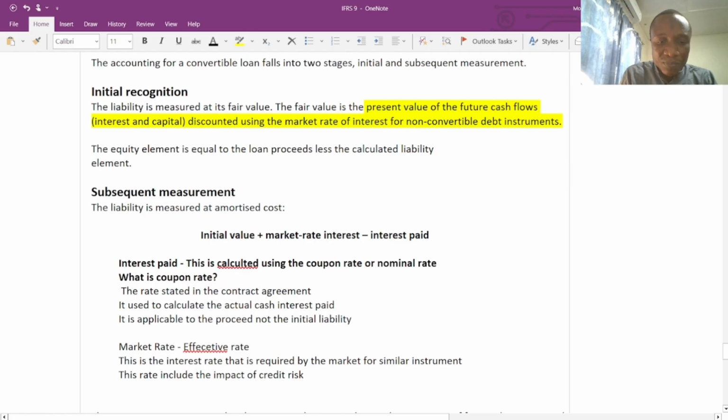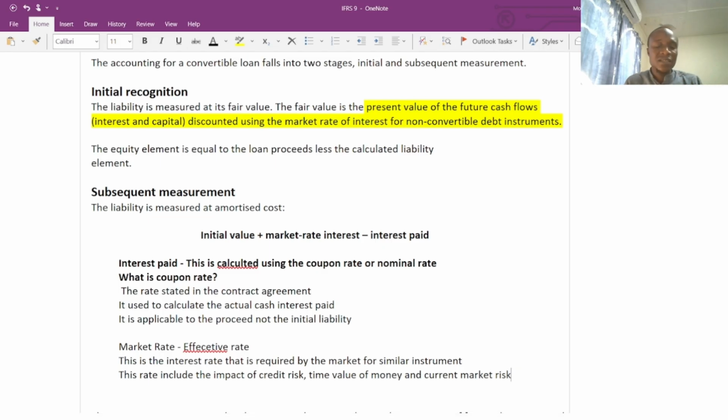It includes the impact of time value of money, and it includes the impact of the current market risks. So because of these three conditions, on normal ground, the market rate is always higher than the coupon rate because it includes the impact of rates, the time value of money, and the current market risks.